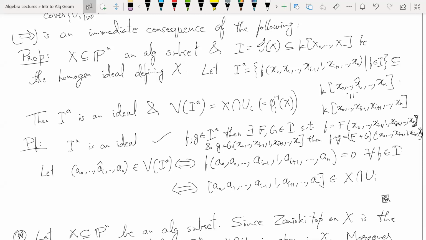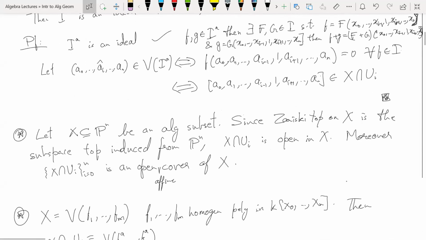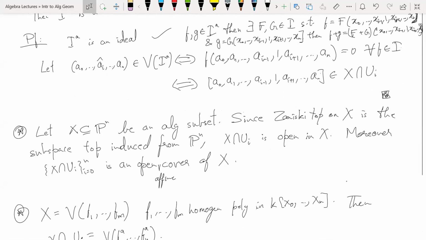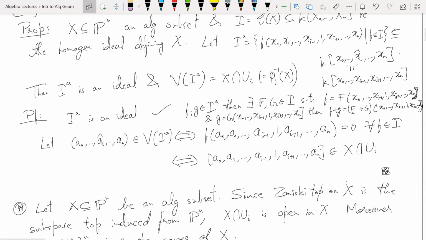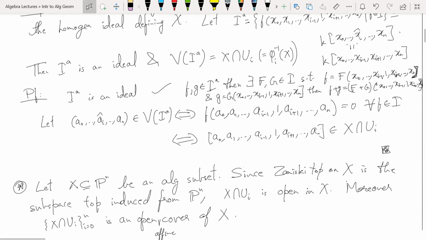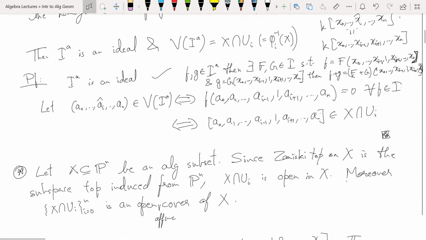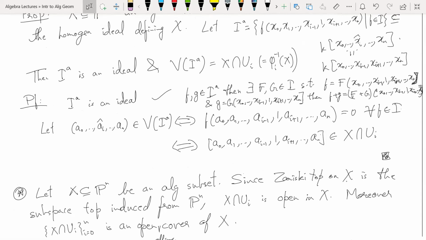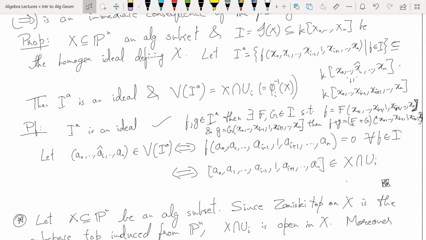You can take capital F to be the same as small f with x0 replaced by capital X0 and so on. There is a more reasonable way of doing it, but for this construction you can just take the same f and replace little x0 by capital X0, and then capital Xi doesn't appear. Okay, so IA is an ideal. Now we have to check that V of IA is the same as X intersection Ui.